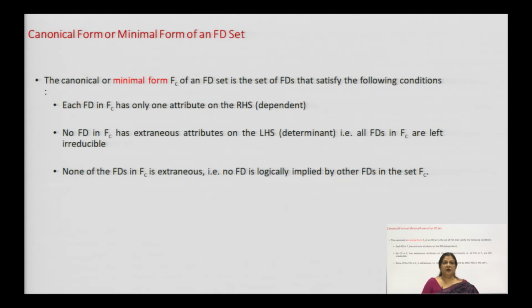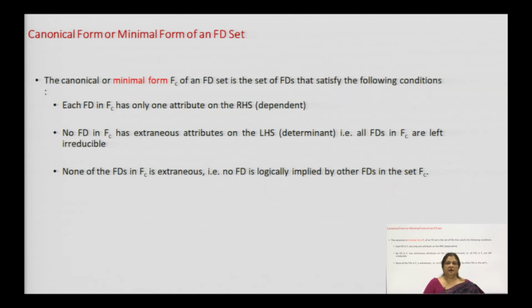Next is the canonical form or the minimal form of a functional dependency set. The minimal or the canonical form of a functional dependency set is the set of functional dependencies where there is no redundancy. Where does the redundancy come from? Either there can be extraneous attributes on the left hand side, or there can be extraneous functional dependencies.